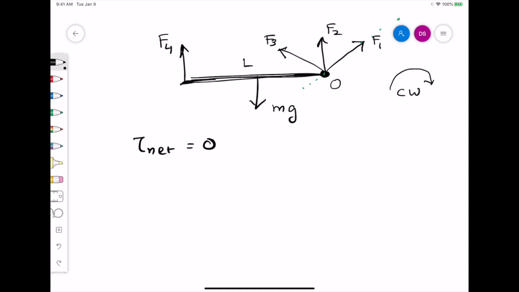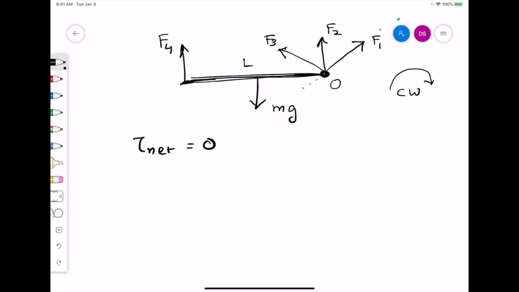The answer is F4 is exerting a clockwise torque. Do you see why? If you're having trouble seeing why, just think about the bar, forget about all the other forces, and think about the reference point O and F4. So we are only considering F4, the bar, and the reference point. That's all.